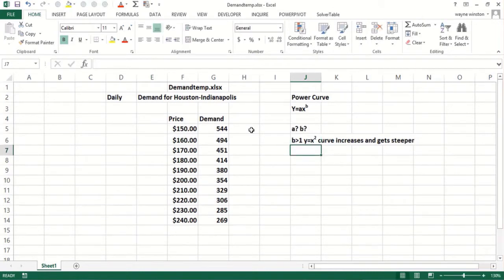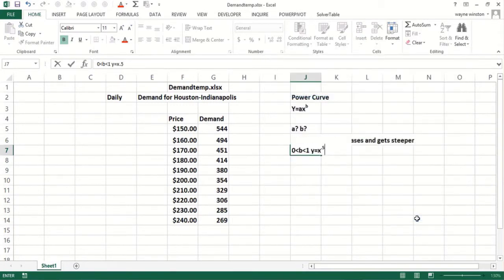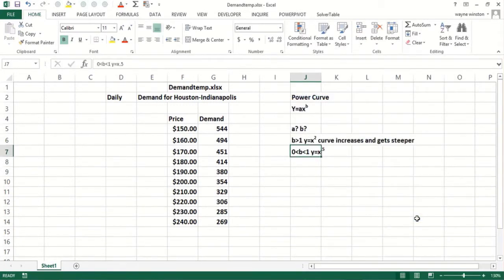Now, if b is between 0 and 1, suppose y equals x to the 0.5, the curve increases and gets flatter. And that might be diminishing returns, for example.